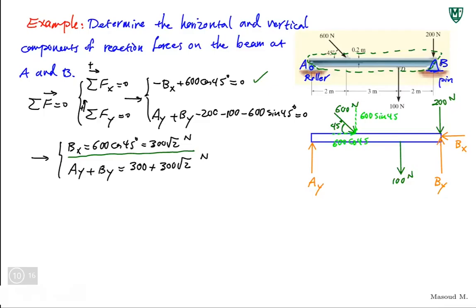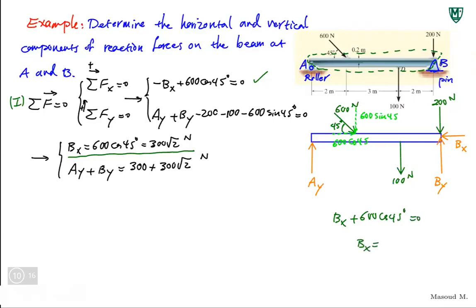Now, just before I go further, obviously I have another equation with two unknowns, Ay and By. I have a second equation, moments, that I can use to find those. But before we go further, look at the first equation, minus Bx plus 600 cosine 45. If I didn't take Bx towards the left, and if I took it towards the right instead, I would have had Bx plus 600 cosine 45 degrees equal to 0.